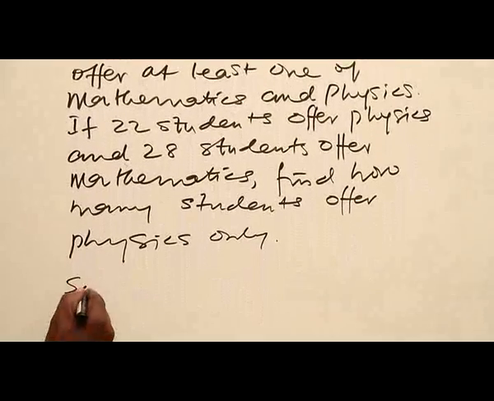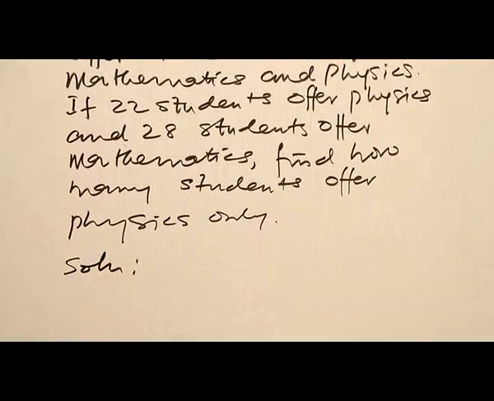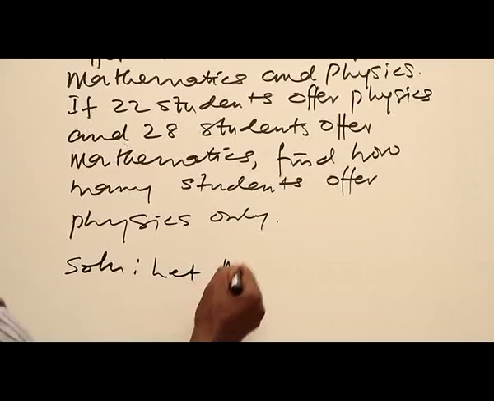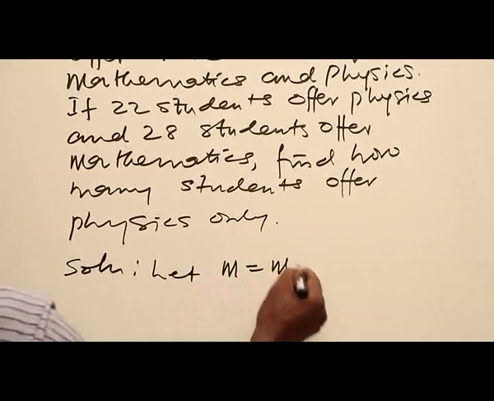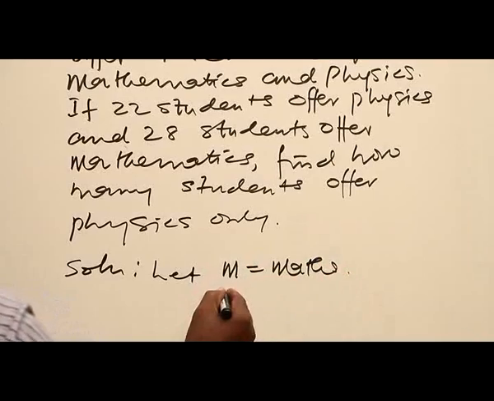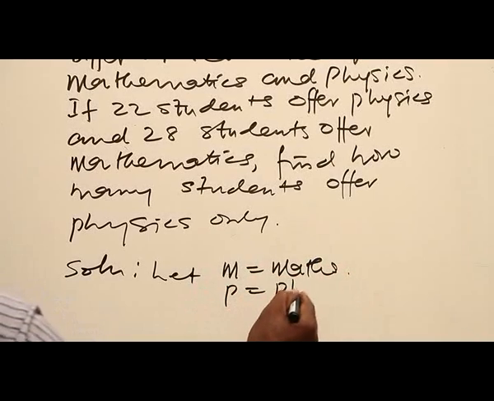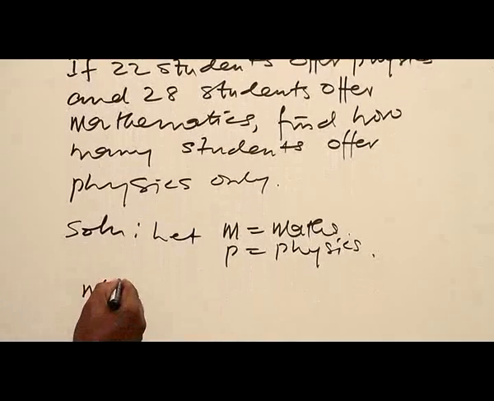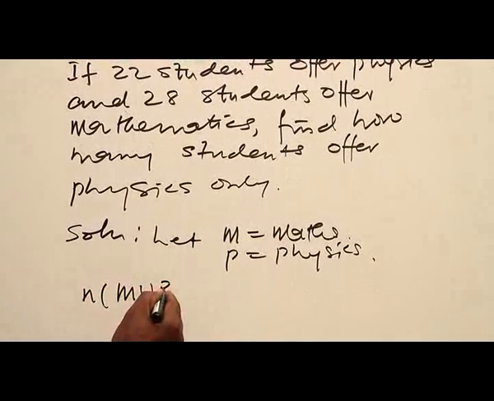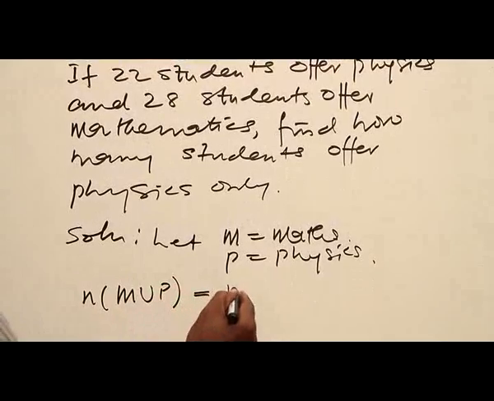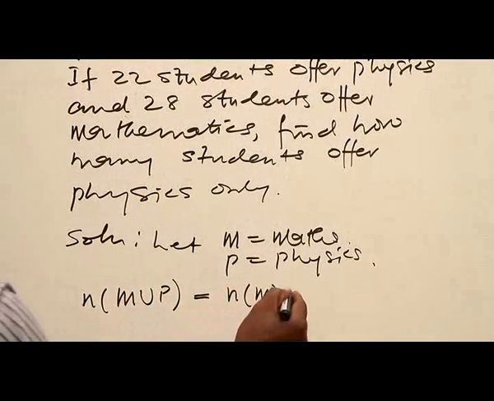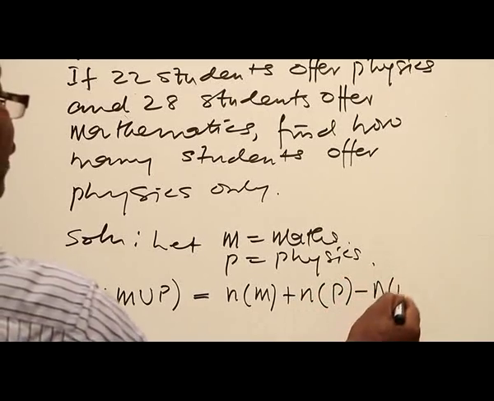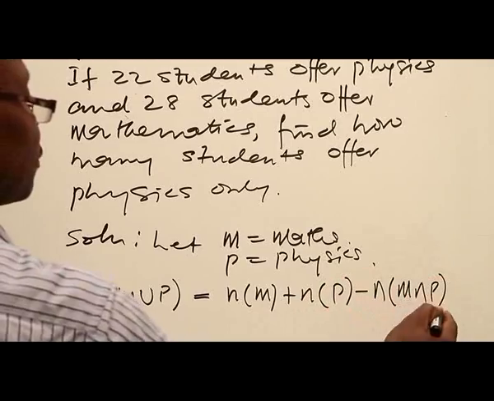Our solution: let M be equal to mathematics and let P be equal to physics. Now the number that offers mathematics or physics should be equal to the number that offers mathematics plus the number that offers physics minus the number that offers mathematics intersection physics.